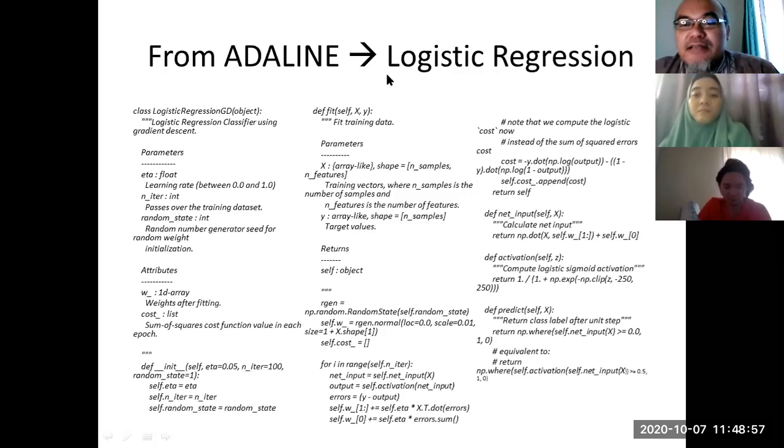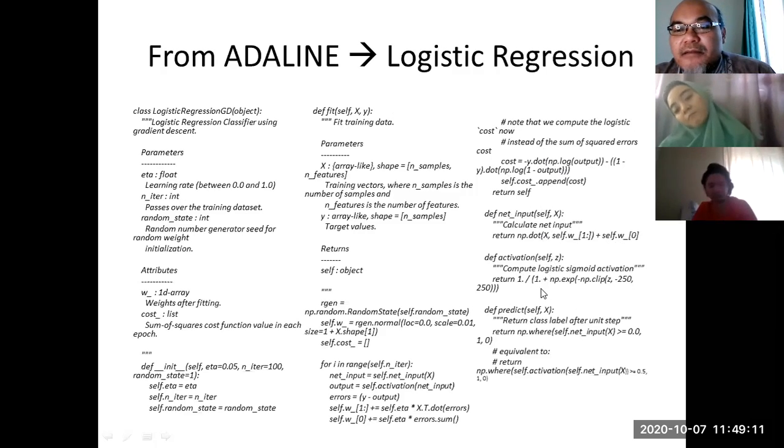Then defining the net input. This is basically the weight multiplied by the x. Then the activation is the logistic sigmoid function, 1 over 1 plus exponent of minus z. The z here is taken from this net input.